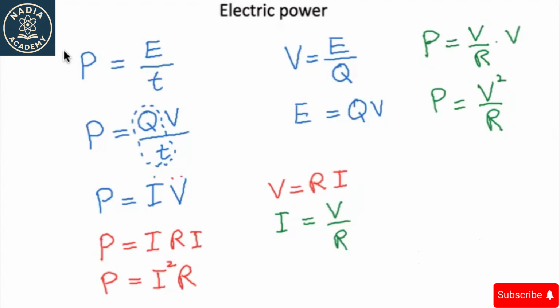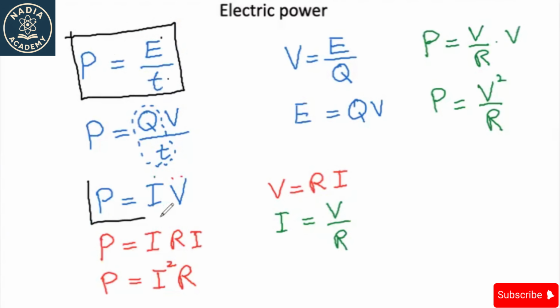You can calculate the electrical power using different formulas depending on the problem you are addressing. If you have the electrical energy and the time, you can calculate the power using power equals energy divided by time. If you are dealing only with current and potential difference, then power is equal to current times potential difference.